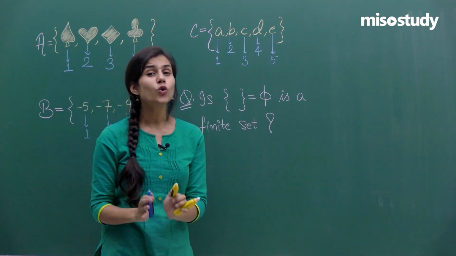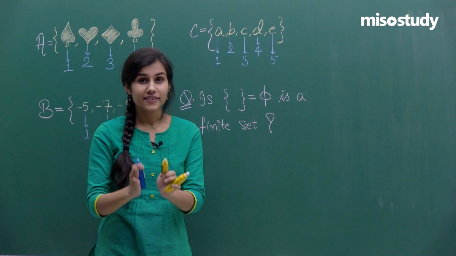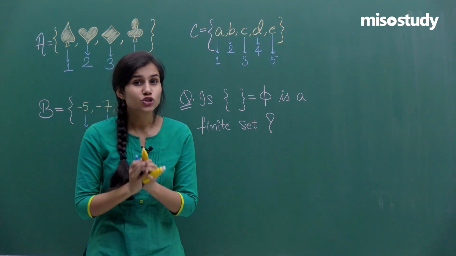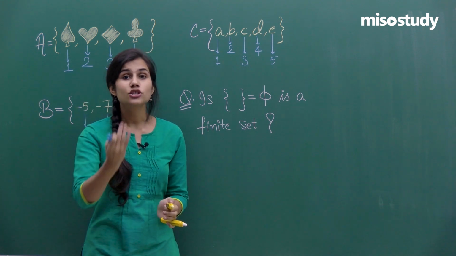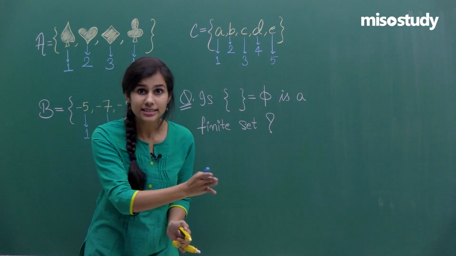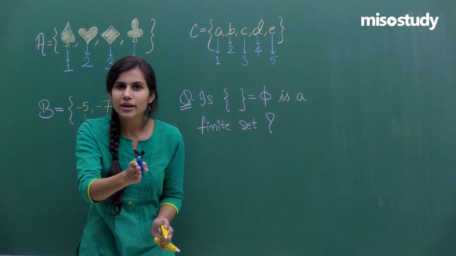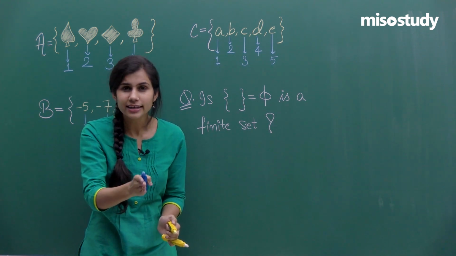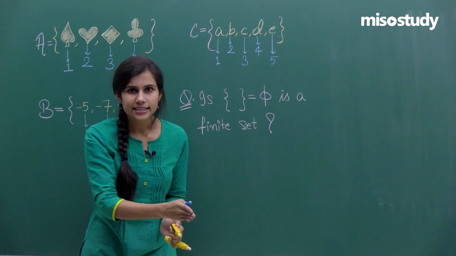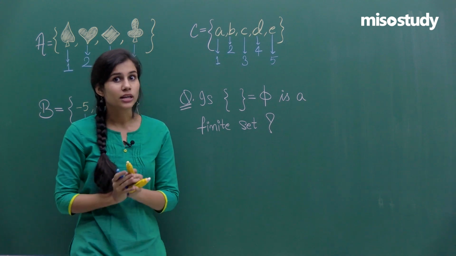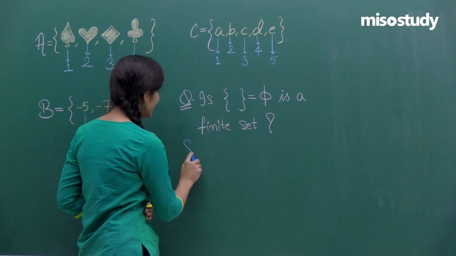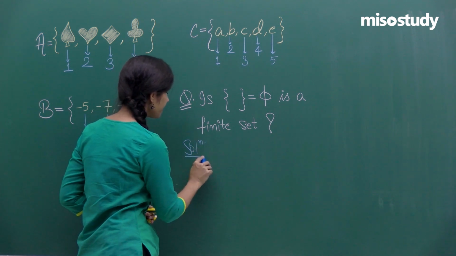Well, the rule or the technique to decide whether a set is finite or not is that it should be possible to list or label the members of the set by natural numbers, and along with that, a very important thing, that this labeling process should terminate. It should stop at a natural number. Let us start with the solution.